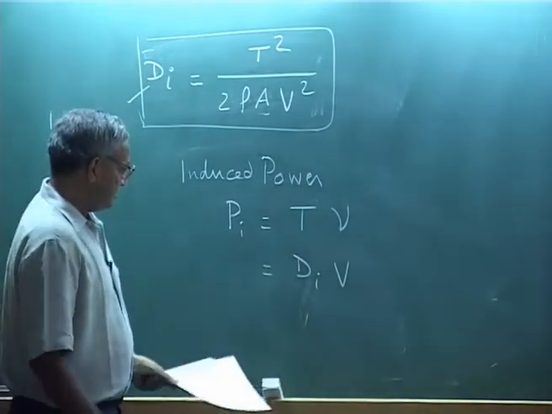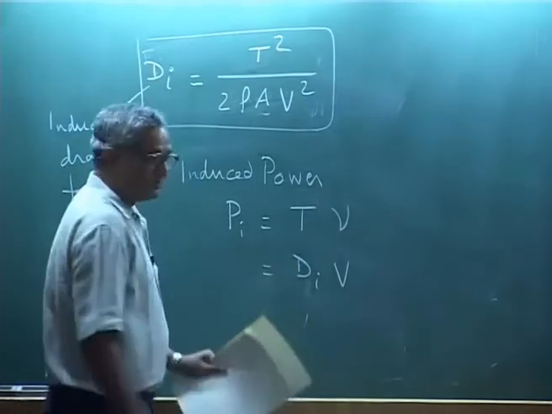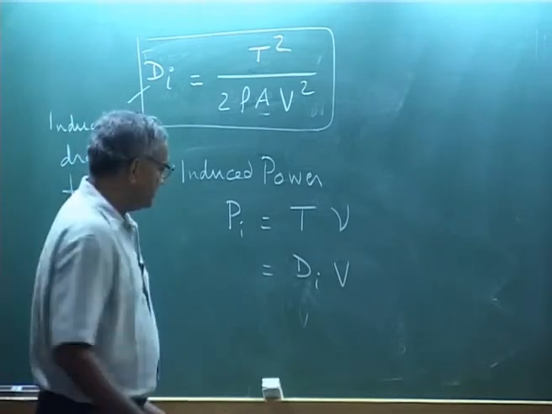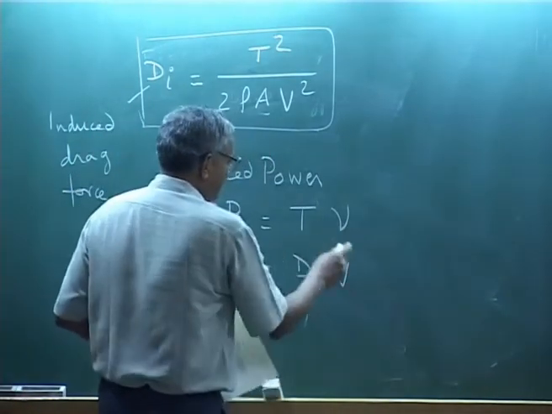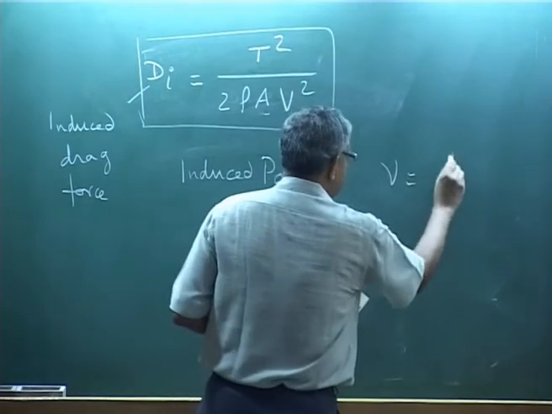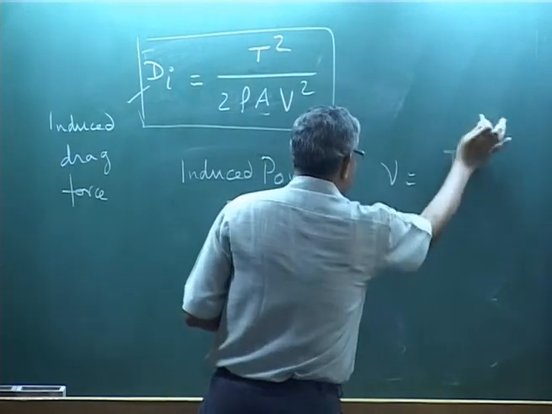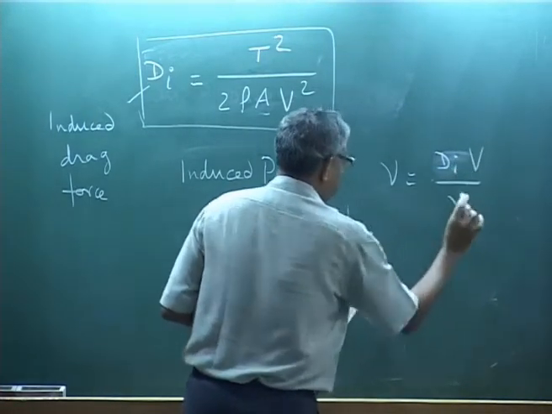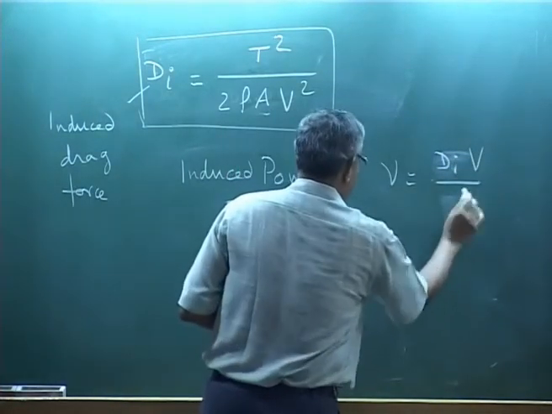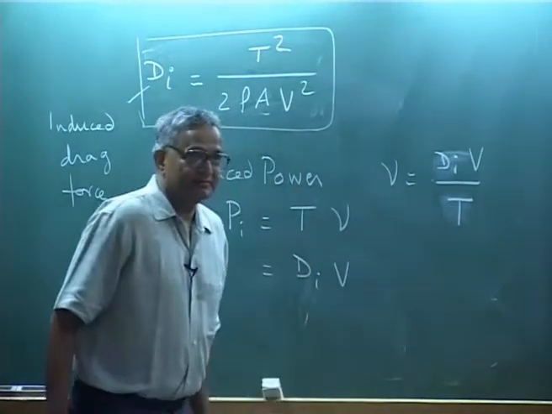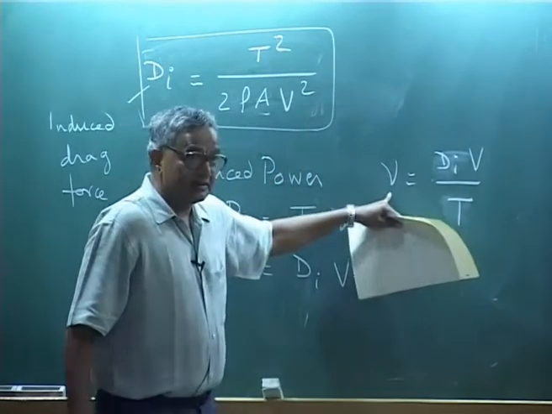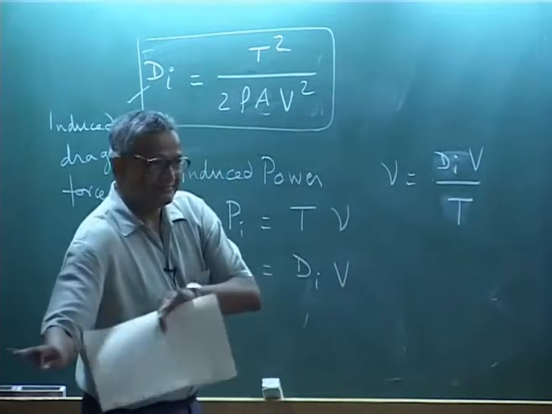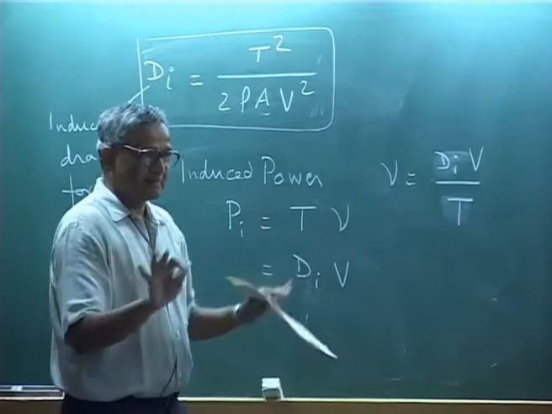Now you want to get nu, the induced velocity. You equate, so nu becomes DI V over T. Please understand, I am relating rotor and wing.